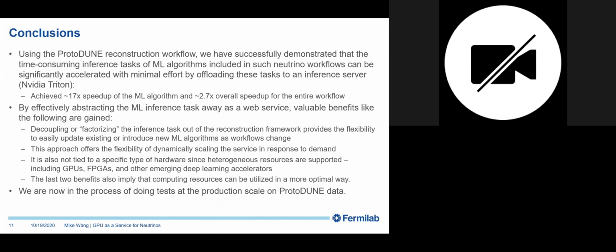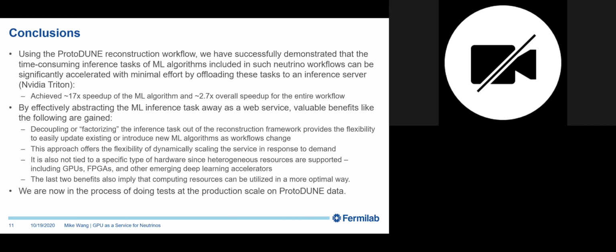So in conclusion, we have successfully demonstrated that the time-consuming inference tasks in neutrino workflows can be significantly accelerated with very little effort by offloading to an inference server like the NVIDIA Triton inference server, and thereby achieving remarkable speed-ups.